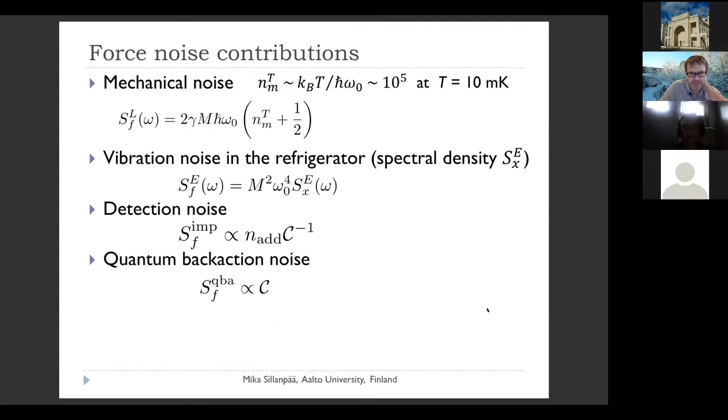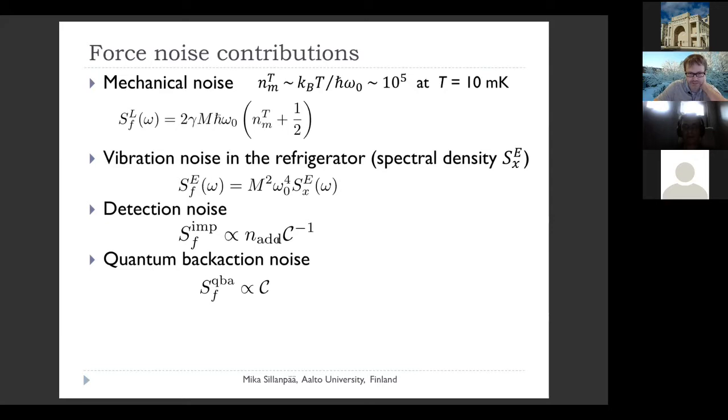Something about noise. That's the interesting question. Can one see it or not? What are the noise contributions? One is the mechanical Brownian noise. This phonon number, thermally excited even at 10 millikelvins, is about 10^5. So that really turns out, in this first case, to totally dominate the noise.